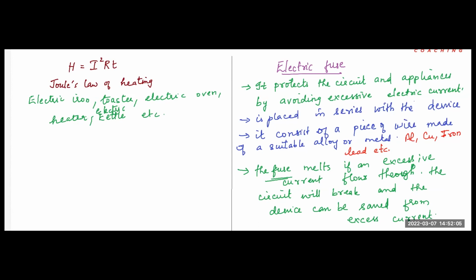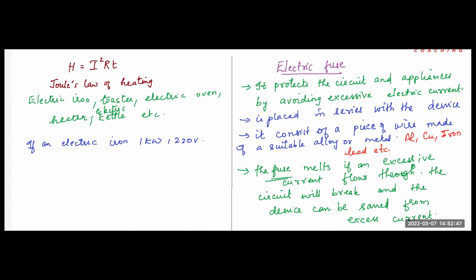For example, if we have an electric iron with a rating of 1 kilowatt, 220 volt, that means it consumes a power of 1 kilowatt or 1000 watt when connected to a supply of 220 volt.